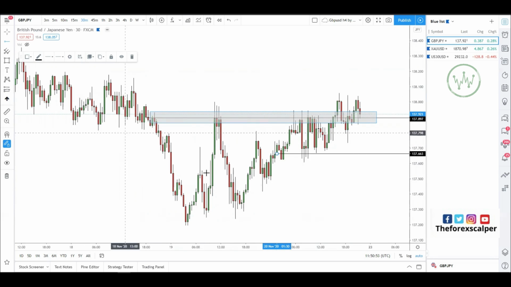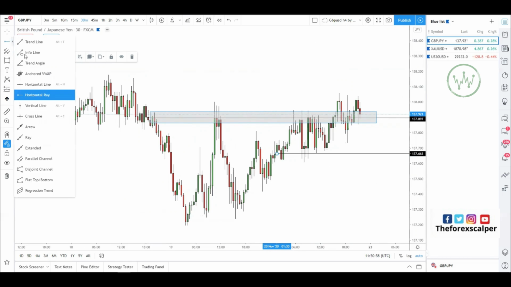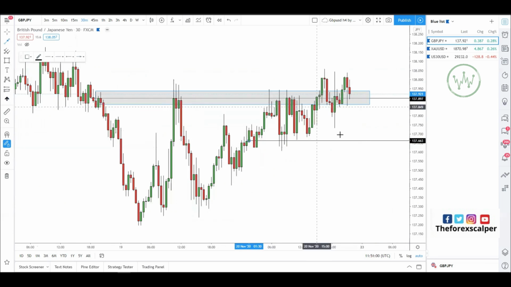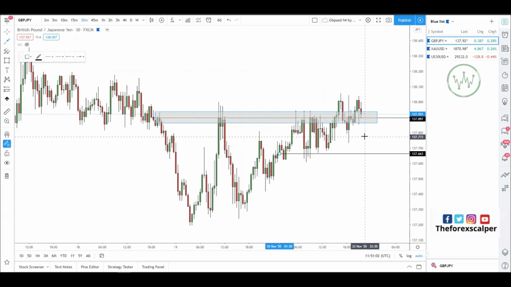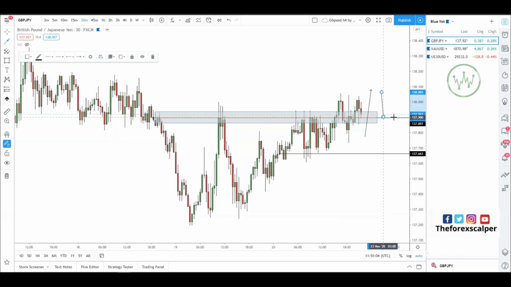So my expectation on GBP/JPY for the upcoming week: I will show you that this could be a nice scenario that could happen. If not, and price decides to dive again to the downside, this is a scenario that could happen.